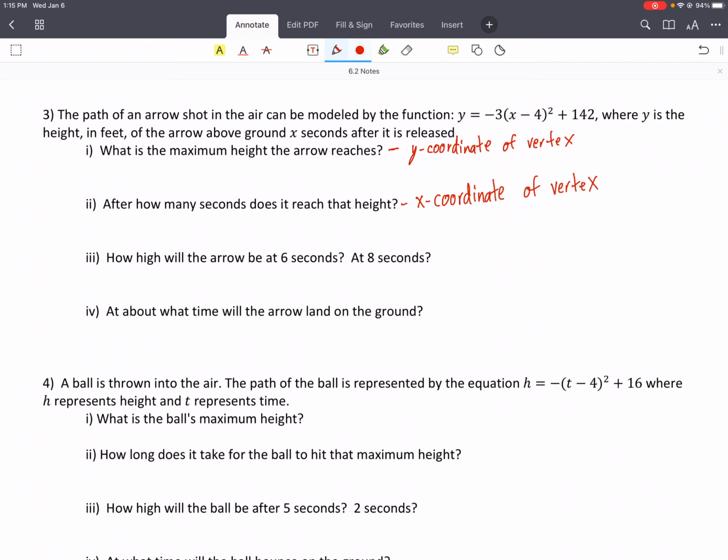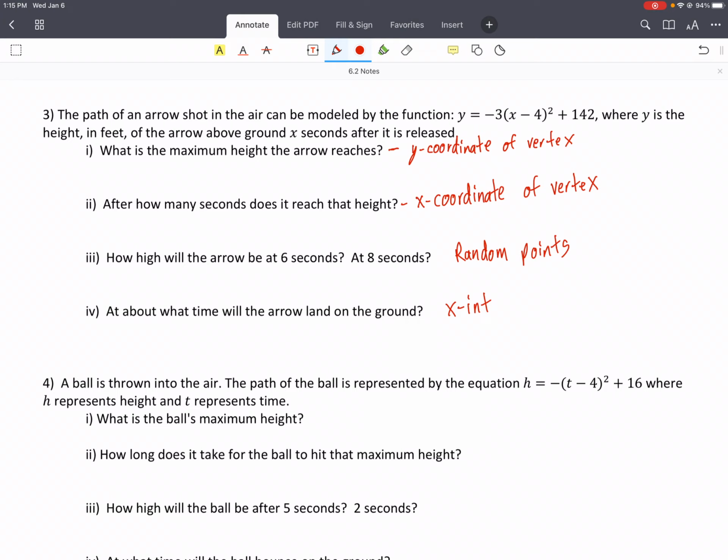And then we got how high will the arrow be at 6 seconds and 8 seconds. Those are just random points. And at about what time will the arrow land on the ground? That's an x-intercept. Okay, so now we're going to use our calculator to go ahead and find those.